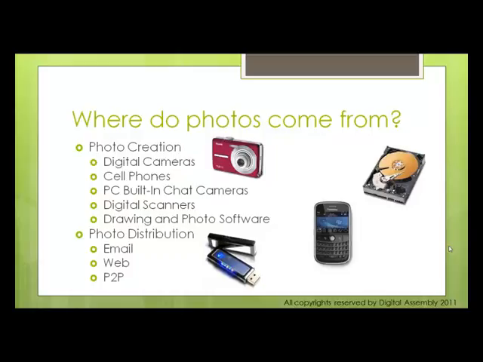We have all kinds of other video devices now that are relatively small, and so we're starting to see digital cameras very ubiquitously. We have not only the cameras but the scanners as well. And the distribution mechanisms include email, the web, and peer-to-peer.